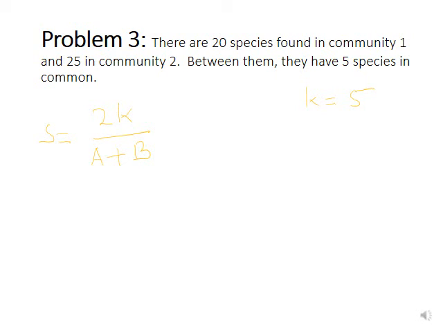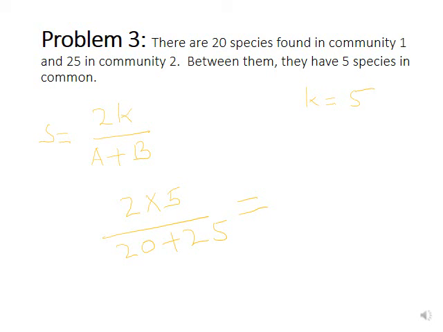Just put the data here. 2 into 5. In community 1 we have 20 species, and 25 species. Calculate the value. It will give you the similarity between different sites, different coordinates, different plots or different communities.